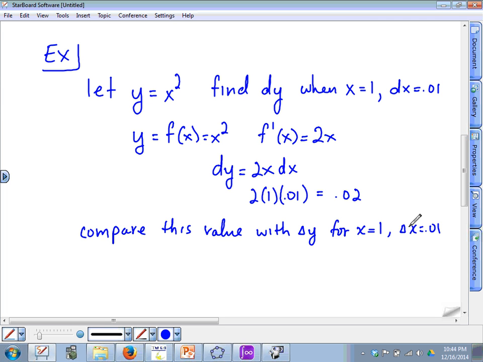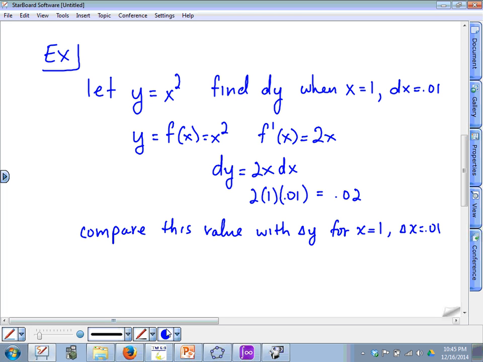And again, delta x, remember delta x here is just the same as dx. So now we're calculating the actual change in y. So delta y is the actual change in y. Remember, dy is an approximate change. So just let me go back for just a second here. X equals 1 and dx equals 0.01. Dx, remember, is a change in x. So we started with an x value of 1, and then we're changing that by 0.01.